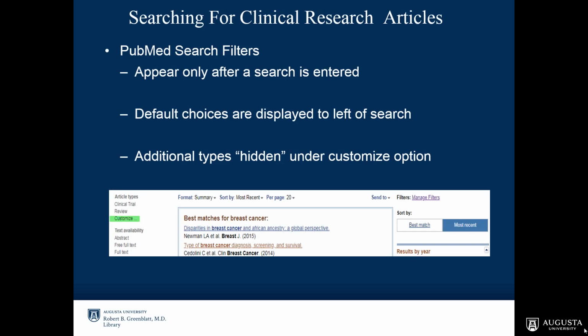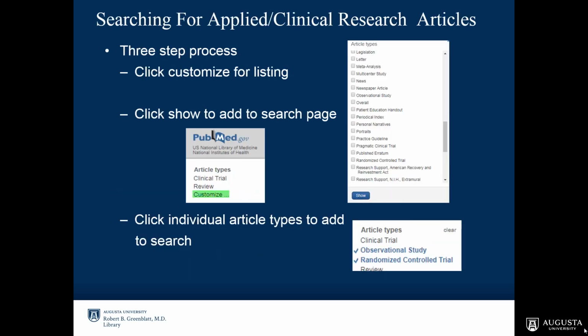The default choices are displayed as clinical trials or review articles, but there's a way to customize that, and if you click on the customized choice, more publication types will appear. So you can see there's all kinds of article types that you can choose from, and you can click on the check boxes next to them.